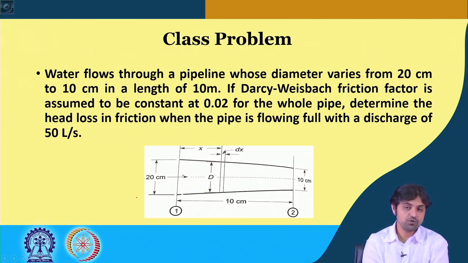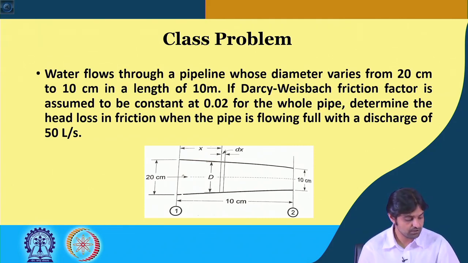In fully developed laminar flow, it was only a function of Reynolds number as 64 by Re. But before going into that, we just solve, if we are given that friction factor F, how are we able to apply these formulas of dhf of x to find the head loss.